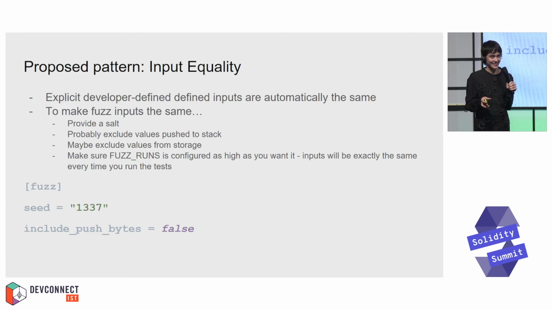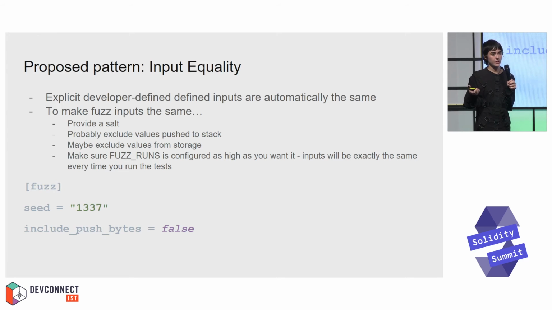To do this, it depends on your test setup, right? It depends on the differences between your virtual functions, what you might need to include or exclude to achieve that. So you might probably want to exclude values pushed to the stack. You probably don't need to exclude values from storage if all you're doing in your setup function is deploying a different contract. It's a little bit case dependent.